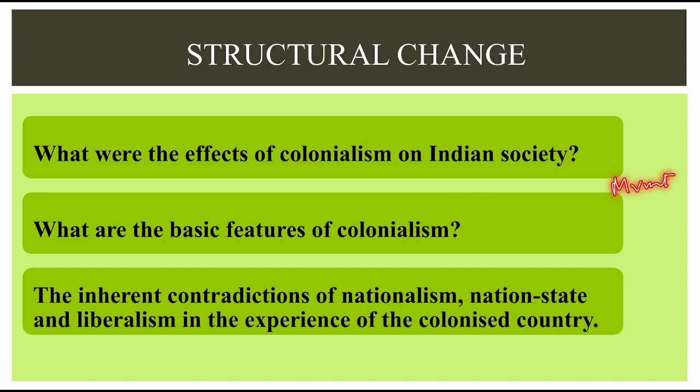Well, for one, this led to considerable movement of people from one part of India to another. For example, there was movement of people from Jharkhand to Assam for taking up work in the tea plantations.